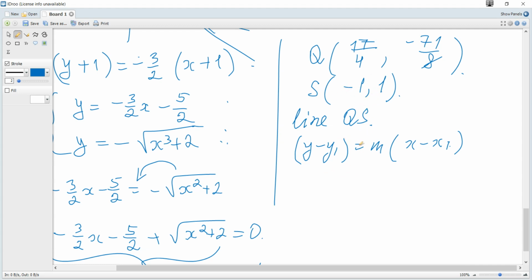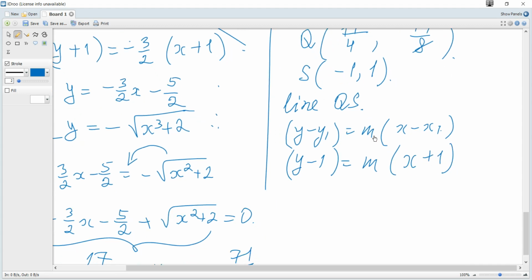Use -1, 1, so it becomes y minus 1 is m, the gradient, times x minus -1, plus 1, and we need to find the gradient.